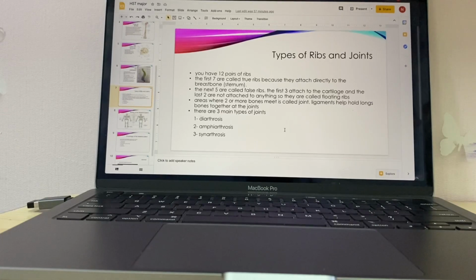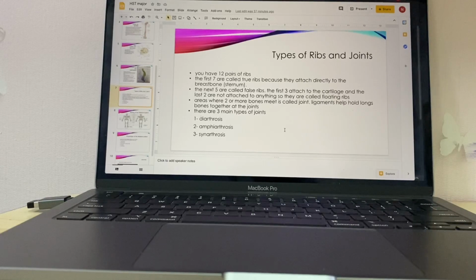Then you have three main types of joints. First, the joint is where two bones meet, and the ligament is what helps the joint and the bones connect together. Now there are 3 main types of joints. There are diarthrosis, amphiarthrosis, and synarthrosis.